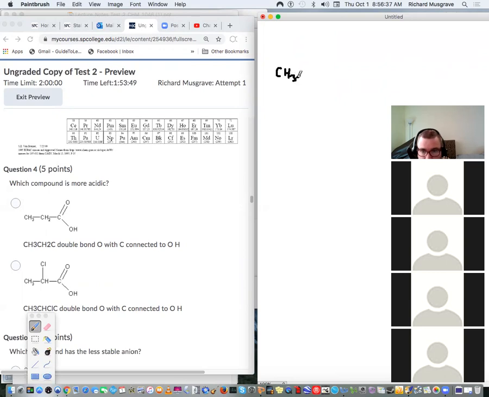For the first one, the anion will look like this, with the O negative and the H plus off to the side. And then we've got the other one, which will be with the Cl on it.